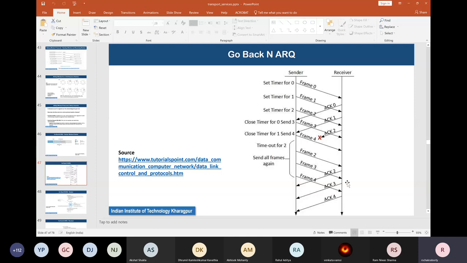But what is important to understand is that the next time 3 and 4 also successfully reach it, it again acknowledges 3 and 4. It need not store frames 3 and 4 again because it has already received them. But even if it had acknowledged 3 and 4 earlier, it will acknowledge 3 and 4 again.